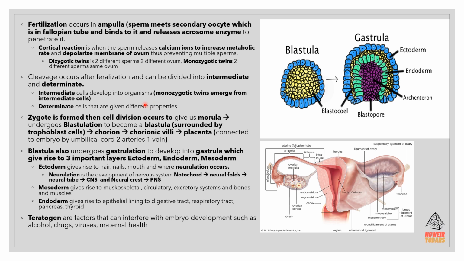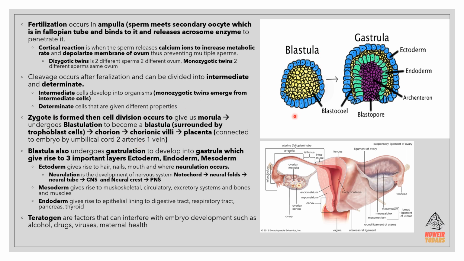So after fertilization, a zygote is formed, and that's when cell division starts to occur. At the beginning of cell division, we have a zygote, then morula, and after, the morula undergoes blastulation to become a blastula.